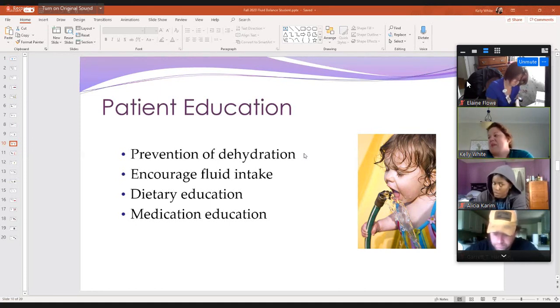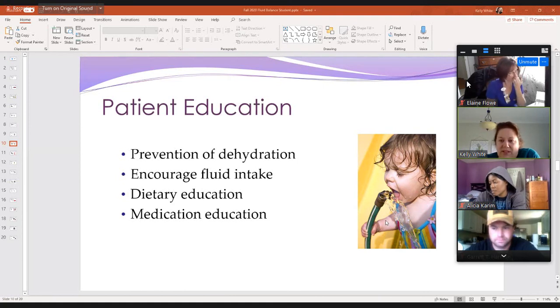Also, we're going to encourage those health buffs to exercise during cooler parts of the day. Don't go out and exercise in the hottest, sunniest part of the day, and make sure that they're drinking plenty of water. It actually recommends 5 to 6 ounces every 15 minutes during exercise. And then we're going to teach them about Gatorade and Pedialyte, and to avoid those salty fluids, because that's going to increase our dehydration by promoting diarrhea, as well as sugars.